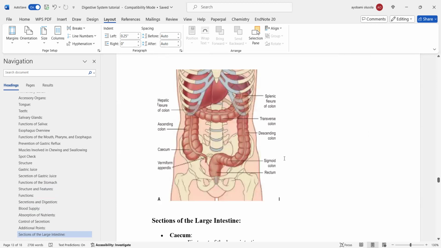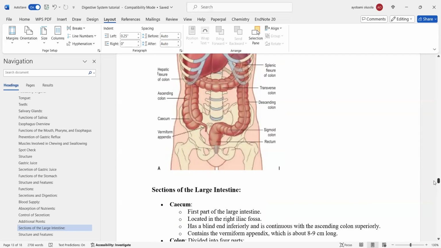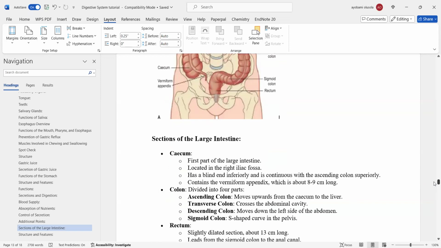So here is a diagrammatic representation. This is the ascending colon, okay? And this is the descending colon. This is the sigmoid colon. And this is the rectum, okay? So the sections of the large intestine, we have the cecum.